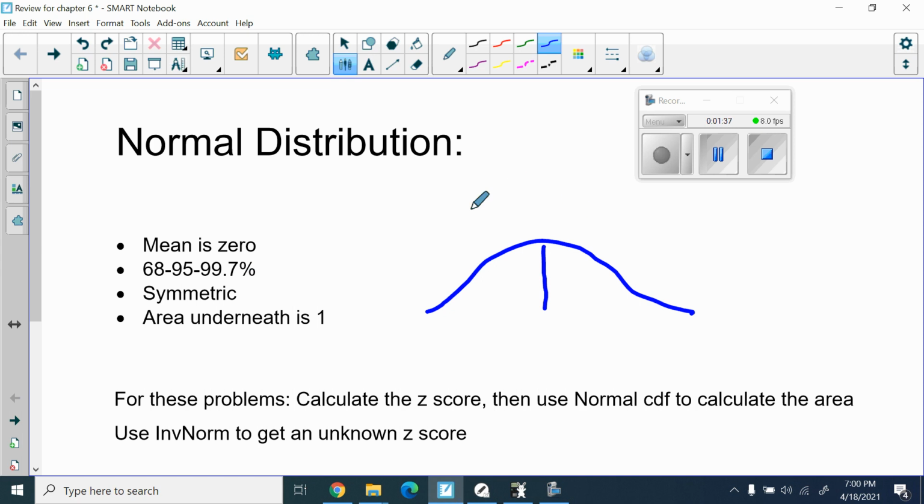The other thing that we need to remember is our formula for a z-score. So remember, your z-score is your x value minus the mean divided by the standard deviation. We're going to be doing that every time we do these calculations. If you just put in the mean and standard deviation that's given to you in the problem, you're going to be off.